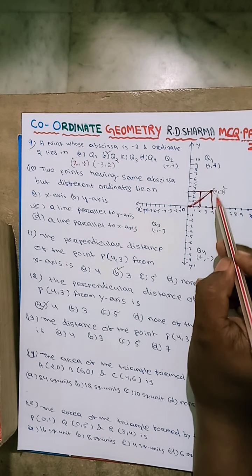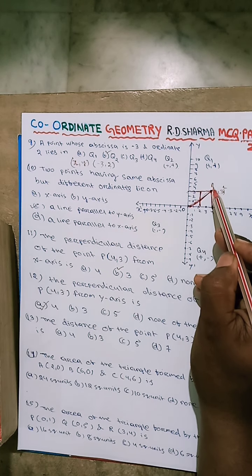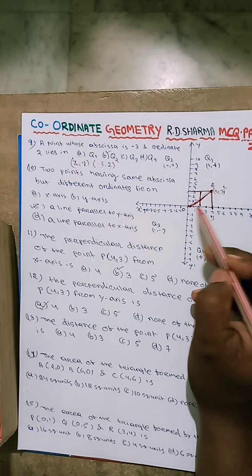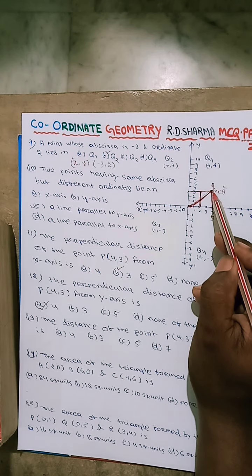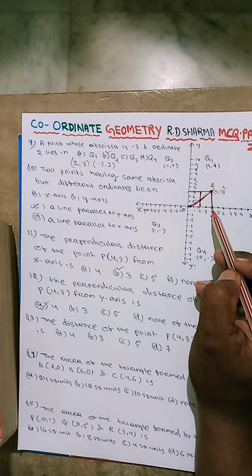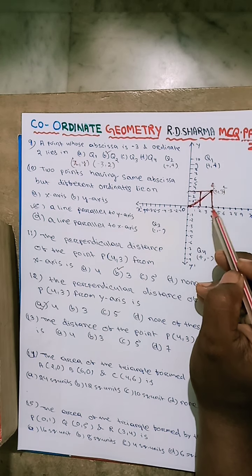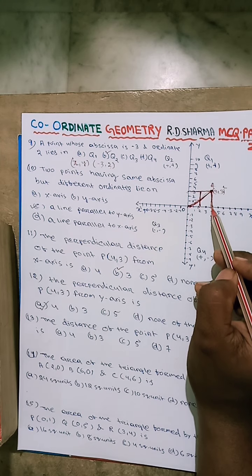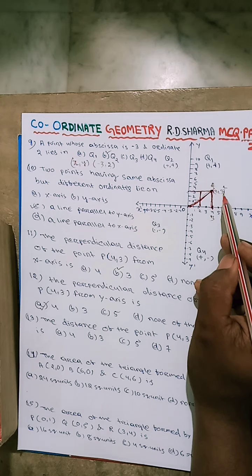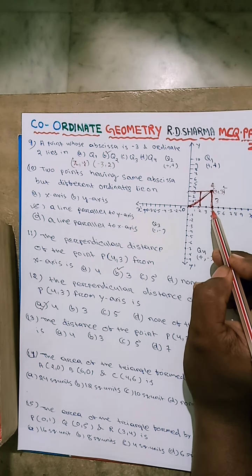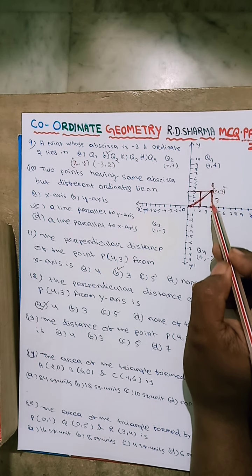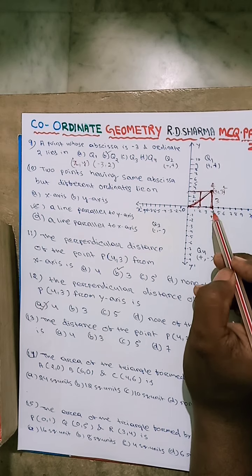Now, let the point be A and this be B. Now OAB is a triangle, which is a right angle triangle. As this is the perpendicular distance to the x-axis, this distance is equal to the ordinate, that is 3, and this is equal to 4. In the right angle triangle, two sides are 3 and 4.